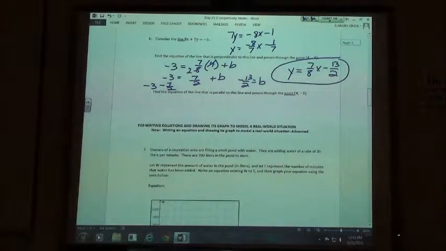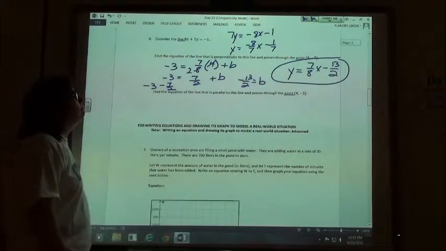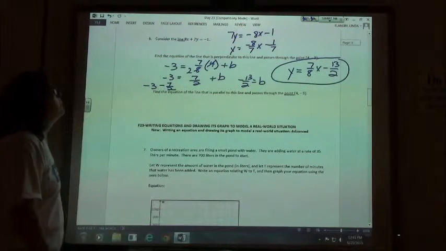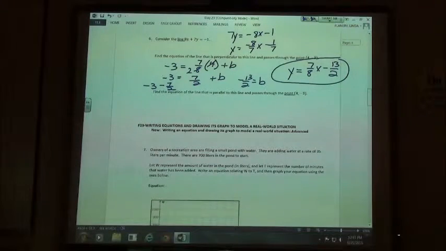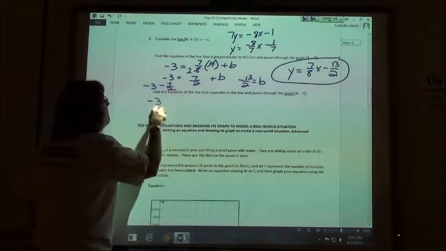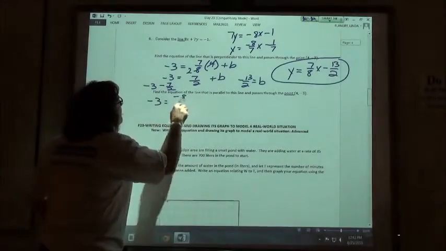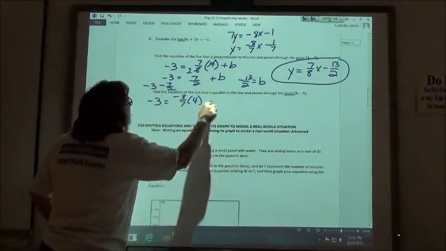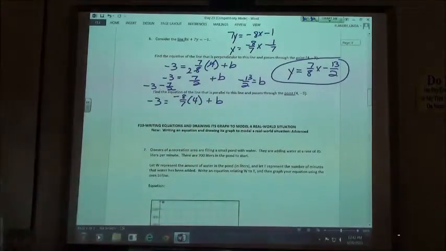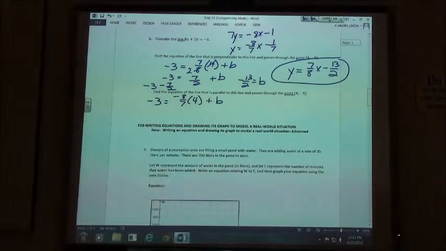And then we got to do the parallel line. So on our parallel line, what would we do? Negative 3 equals negative 8/7 times 4 plus some number b that we're going to find.